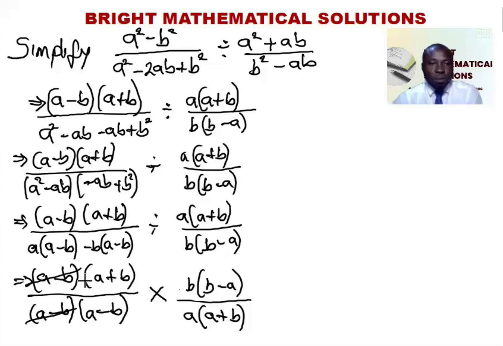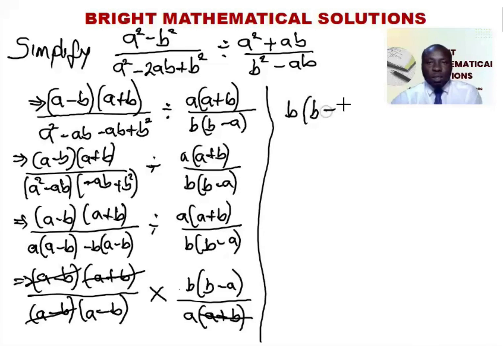We have a plus b in the numerator and a plus b in the denominator, so they cancel. So what we have left is b in the bracket (b minus a) over a and a minus b.